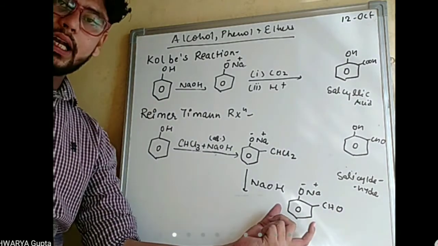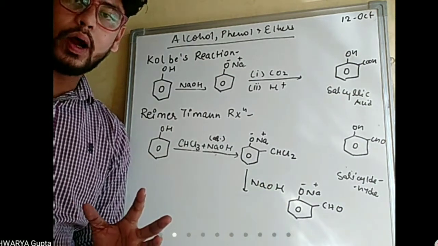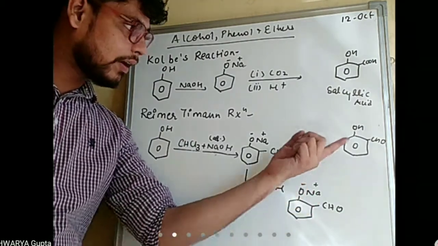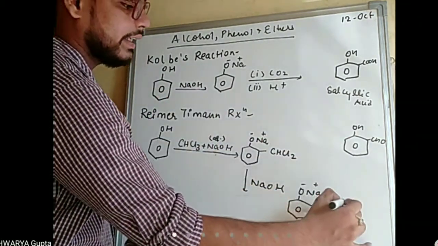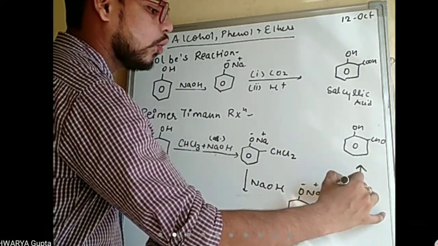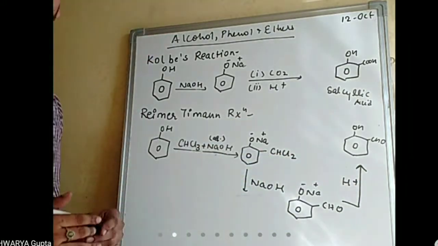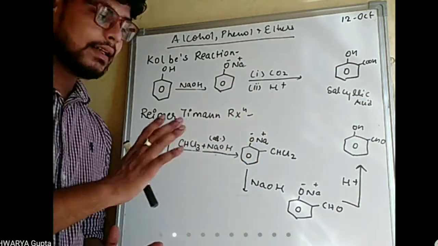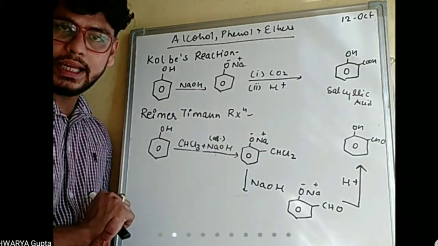Also we have to remove the Na plus and add H plus. So it simply reacts with H plus ion to form the product, and the name of this product is salicylaldehyde.